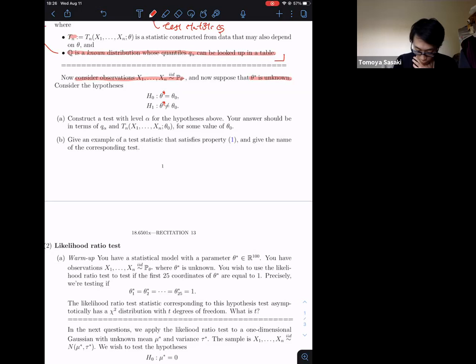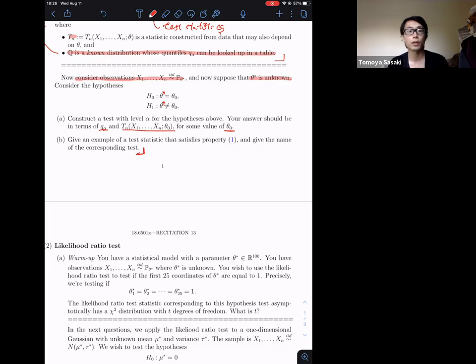So we have two questions here. One is to construct a test with level alpha for the hypothesis above, and your answer should be in terms of Q alpha and Tn for some value of theta naught. This is a very abstract question, but if you refresh your mind and rethink about how to construct the statistics, I'm pretty sure you can do this.